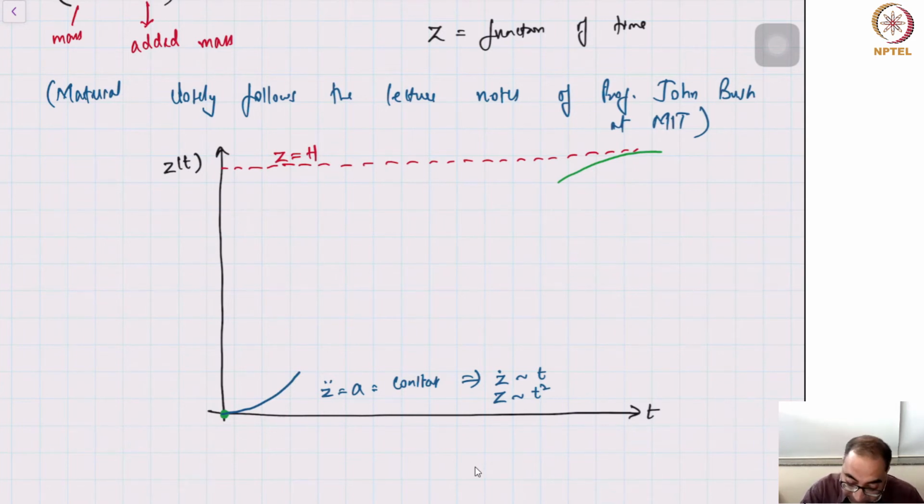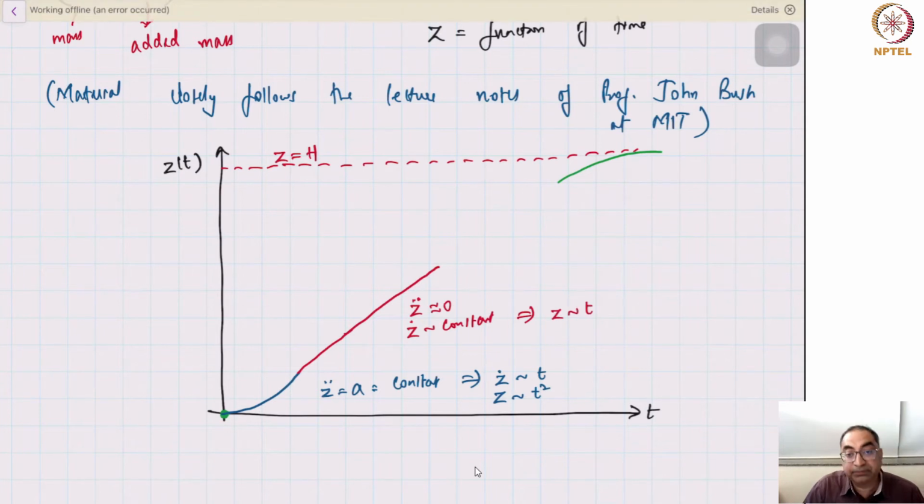In that case, the curve you should expect somewhere in the middle would be linear, because in this region z double dot is approximately 0. The acceleration is very small, z dot is constant, and therefore z goes like t.